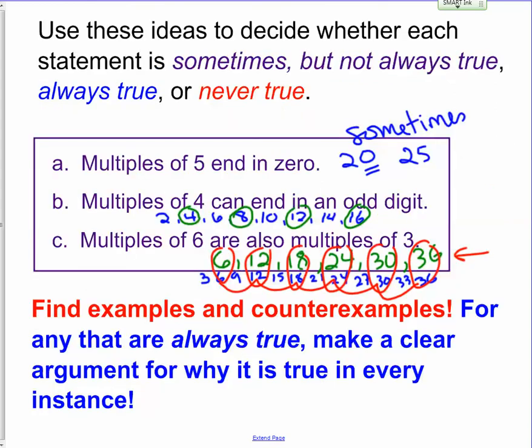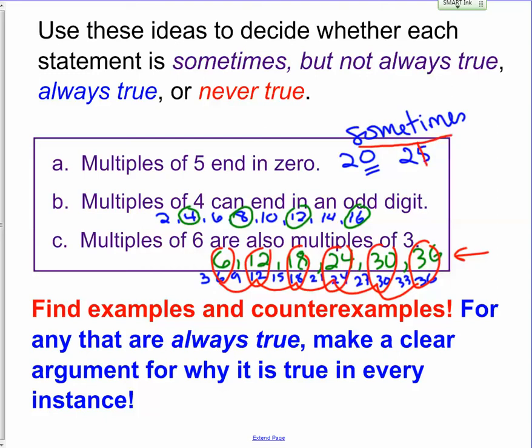Okay, then we used these same ideas, only we looked at numbers. Are these statements sometimes but not always true, always true or never true? So you discussed it with your partner. Multiples of 5 end in 0. So somebody said, well, 20 is a multiple of 5 and it ends in a 0. 25 is also a multiple of 5 and it does not end in 0. So it's sometimes true.